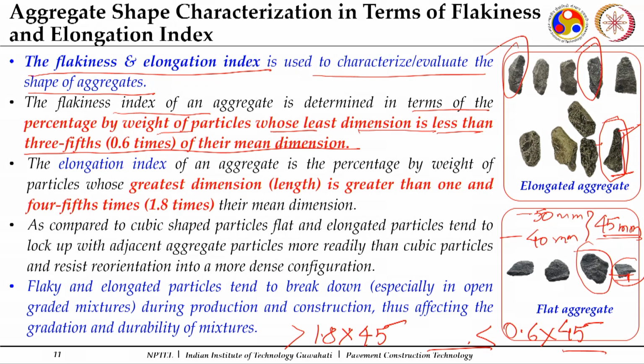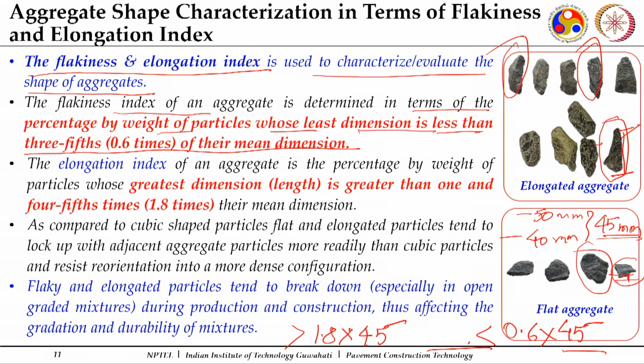But these elongated and flaky particles impede the compaction, make the compaction difficult, and the density is not achieved. In some cases, these particles even break down because they have one dimension which is either quite less or quite big. So, these aggregates break along those dimensions.